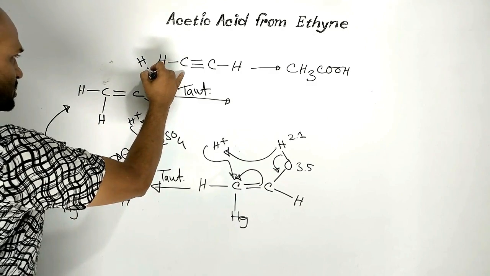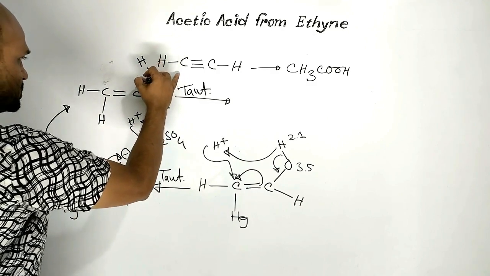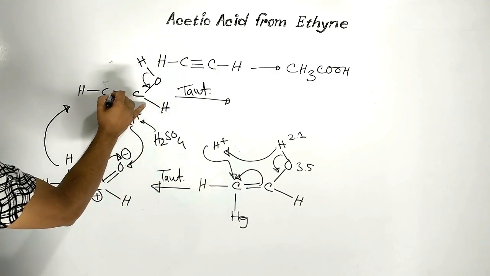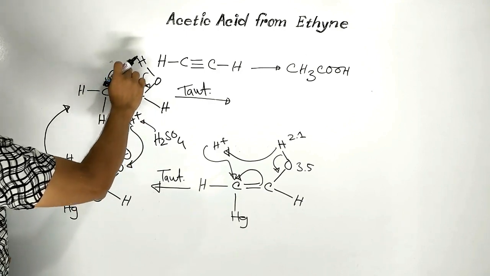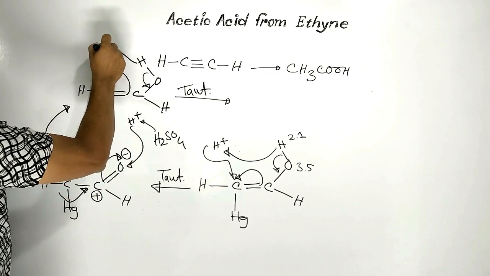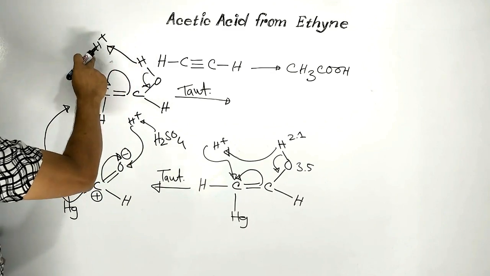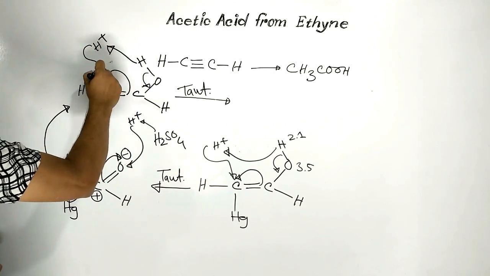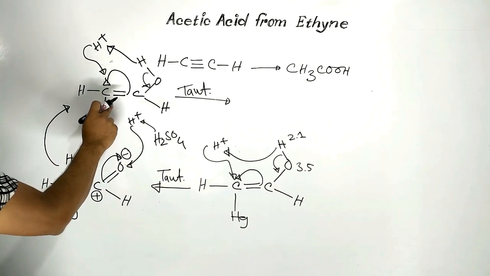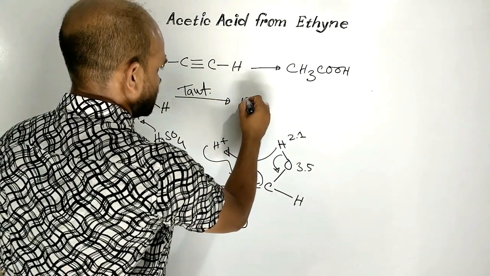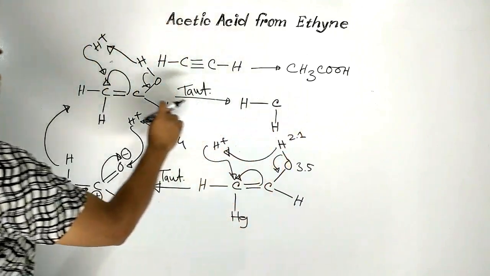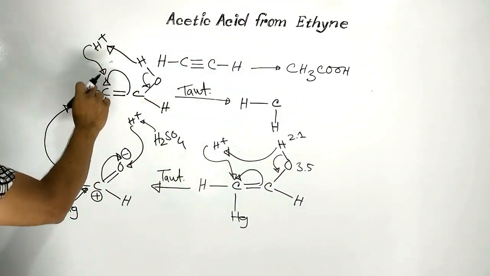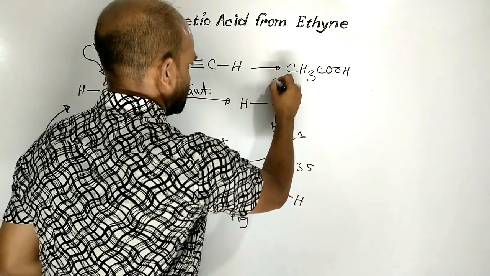In this way, oxygen hydrogen bond shifts here, pi bonded electrons move here, this hydrogen gets freed as proton, this proton combines with this carbon. As a result, this is obtained: hydrogen, carbon, hydrogen.